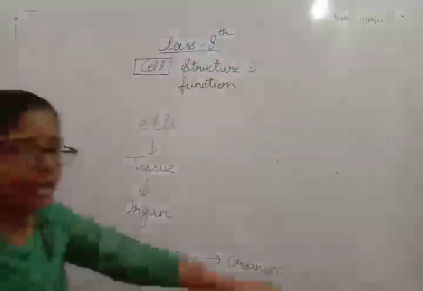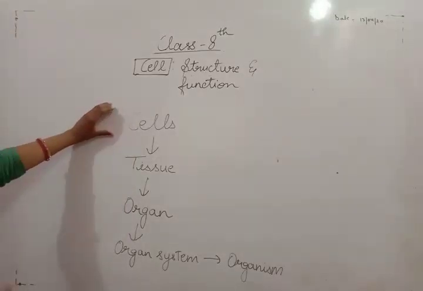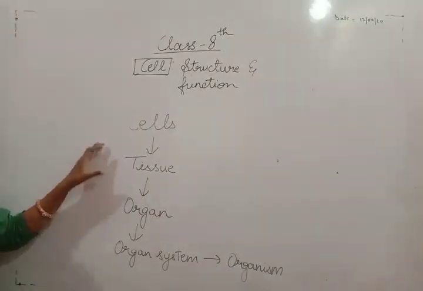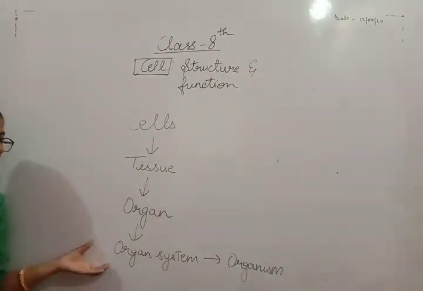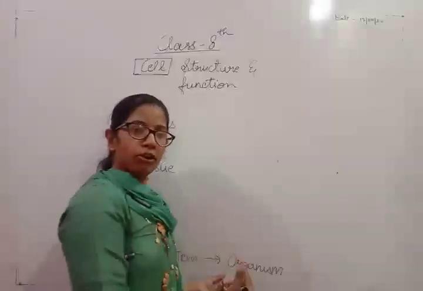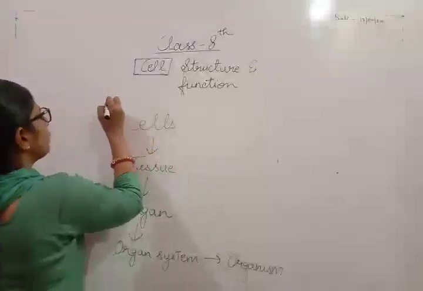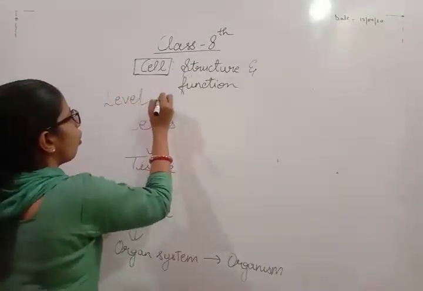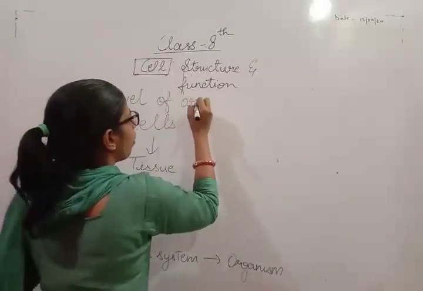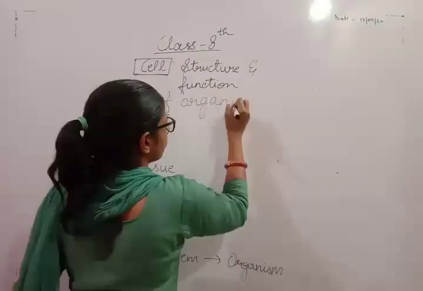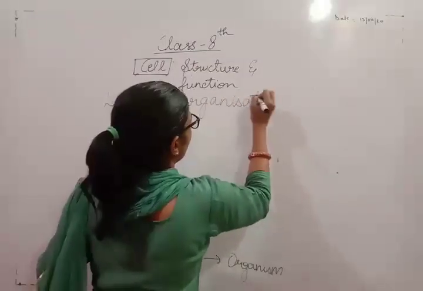This hierarchy, cell, then tissue, tissue forms organ, organ forms organ system, and organism, this hierarchy is known as what we call level of organization. Right? Understand?